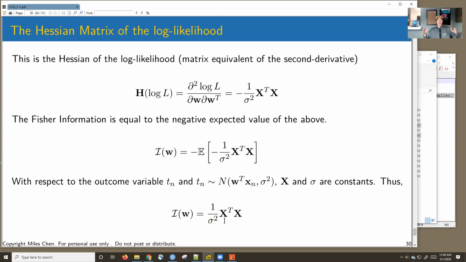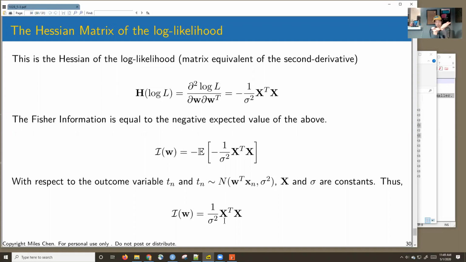Again, remember the Hessian matrix measures curvature. If your log likelihood function is smooth, not super pointy, with low curvature, then you don't have as much information about the parameters.